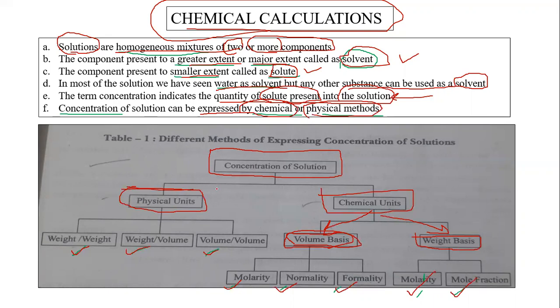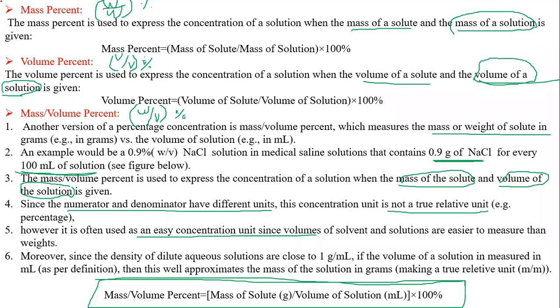Now we'll see physical units one by one: weight by weight, you can say mass by mass, then weight by volume and volume by volume. First, mass percent, that is weight by weight. Here the mass of solute is considered with the mass of solution.